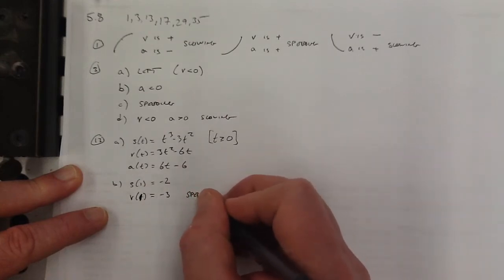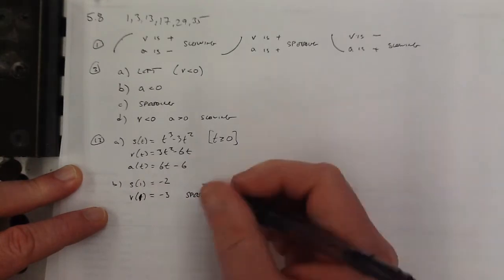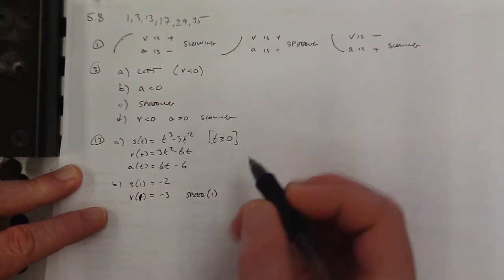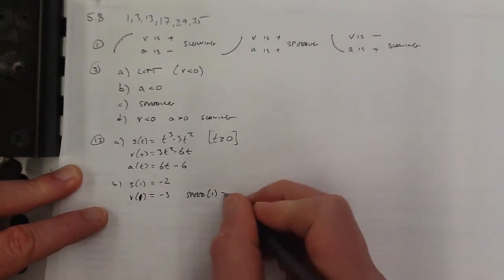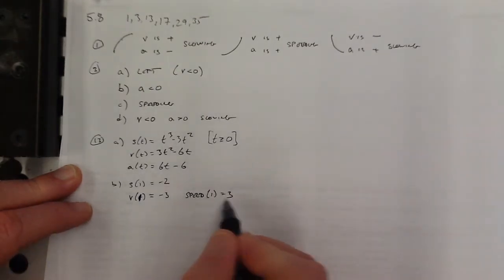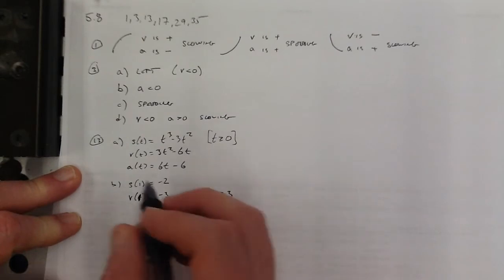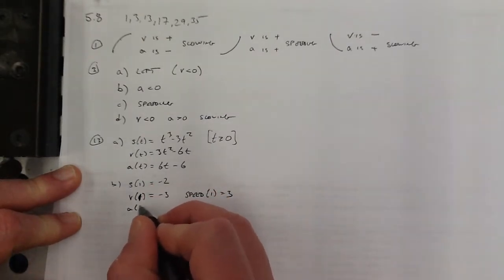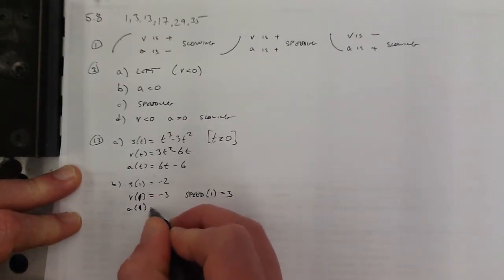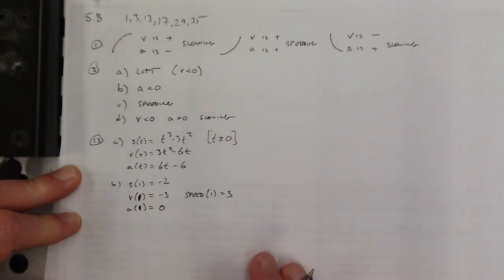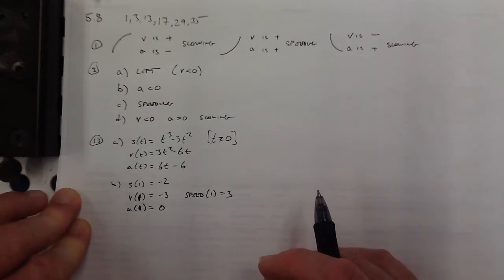The speed, I don't want to use an s, obviously, at time 1. Speed is the absolute value of velocity. And in one dimension, that just means make sure it's positive. In 2 dimensions, you've got to think about the Pythagorean theorem, right? But not in 1 dimension. And then acceleration at time 1 is 0. All right?